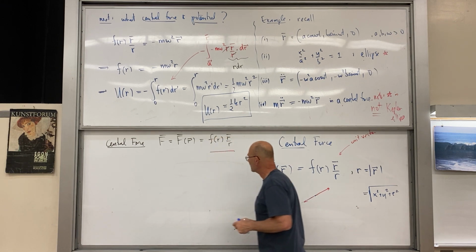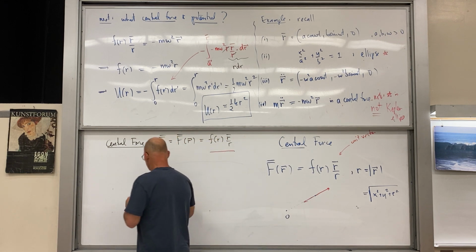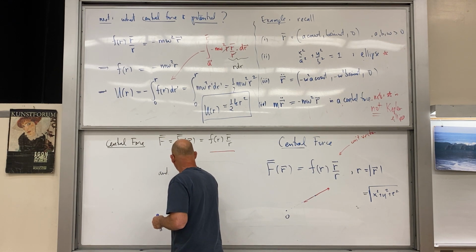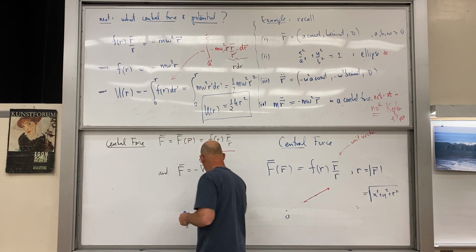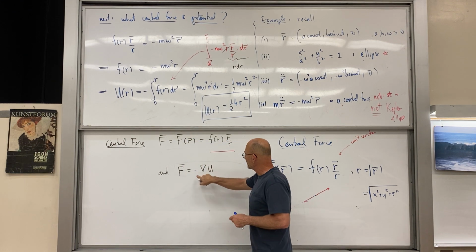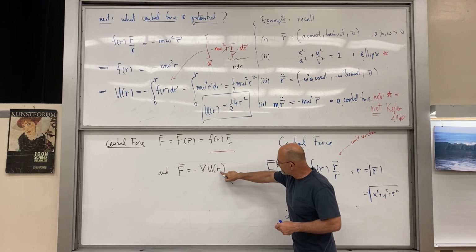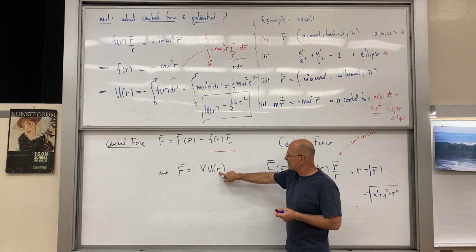This form here. So we should, of course, have, and we know that F is equal to minus the gradient of U, but for a central force, the argument of U is not the vector, it's the magnitude.